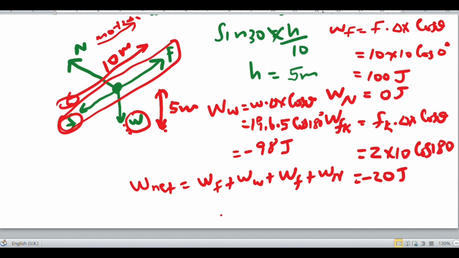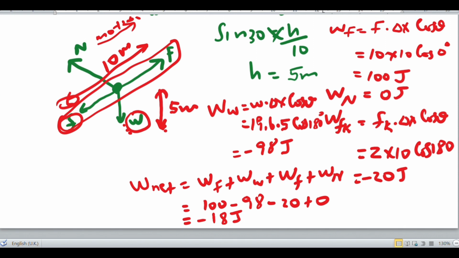The force applied was 100, the weight is negative 98, friction is negative 20, and the normal force is 0. So it's 100 minus 98 minus 20 plus 0, which is negative 18 joules.